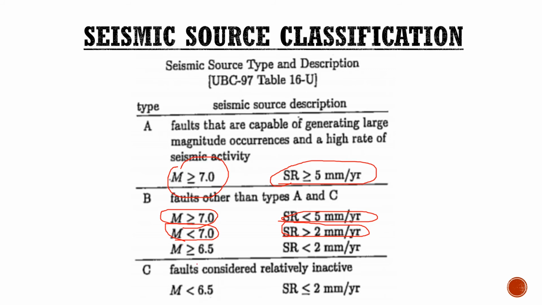Pero pag greater than or equal to 6.5, then with this slip rate B gihapon. Okay, so all other expected magnitude less than 6.5 is sa C. That is based on UBC 97.